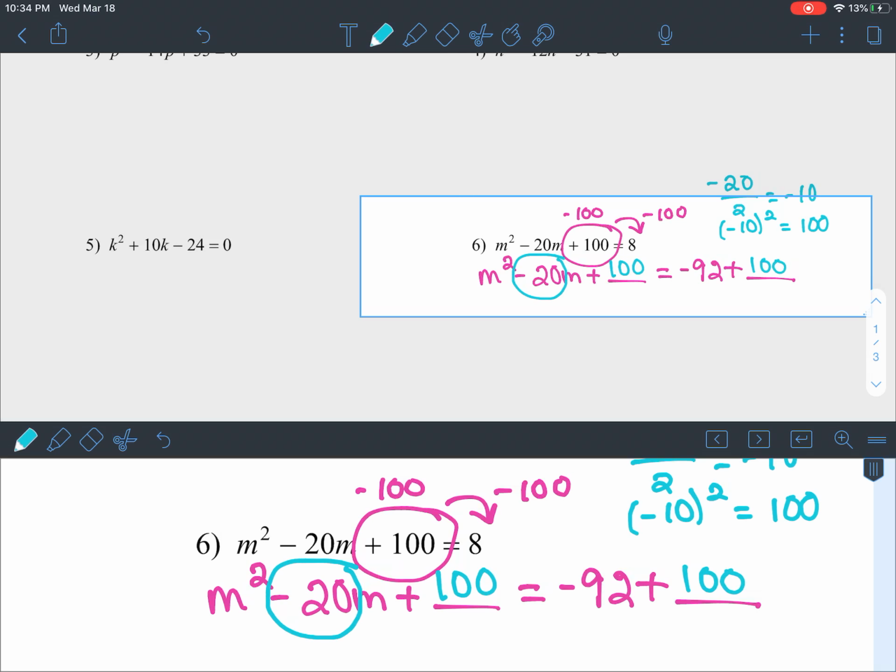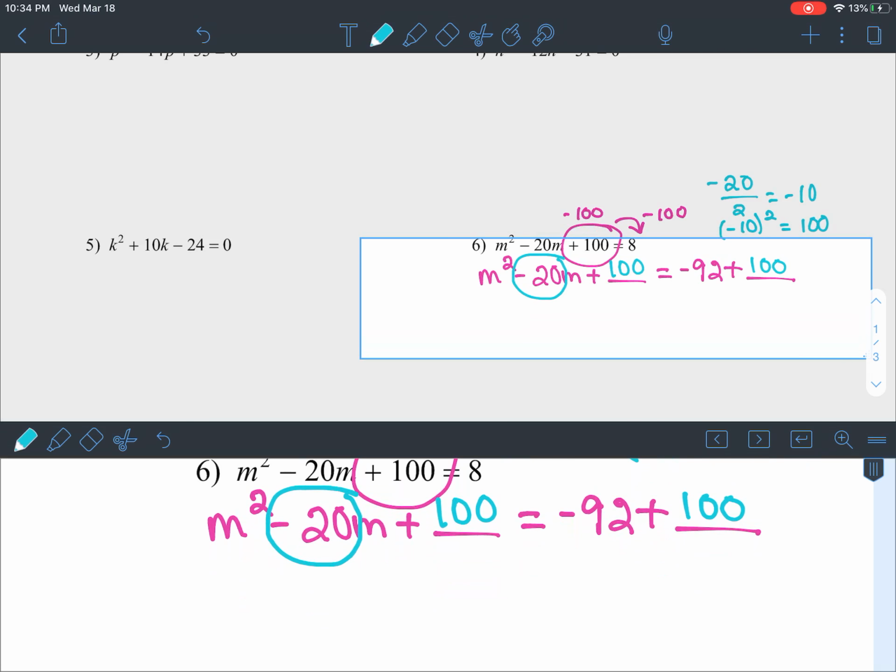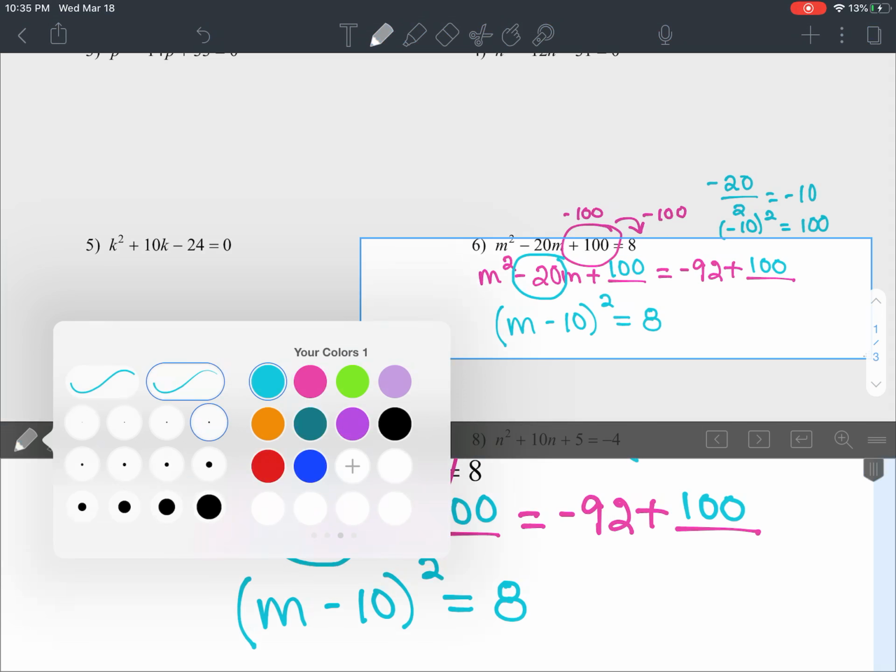So that's where this 100 comes from, half of b squared. All right, so now we need to make up our nice factor. So it's our variable, and then whatever half of b was. So half of negative 20 we said was negative 10. And then we're just going to add. So negative 92 plus 100 is positive 8.